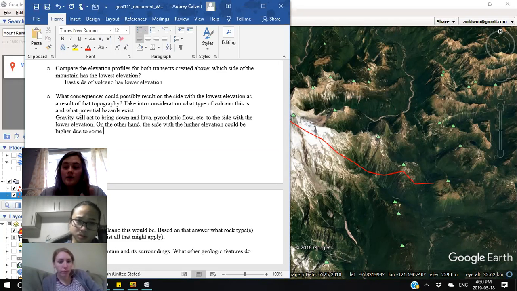Oh, so due to the tilt of the Earth. When a volcano is erupting, the Earth will usually tilt a bit. Really? Yeah, it does.